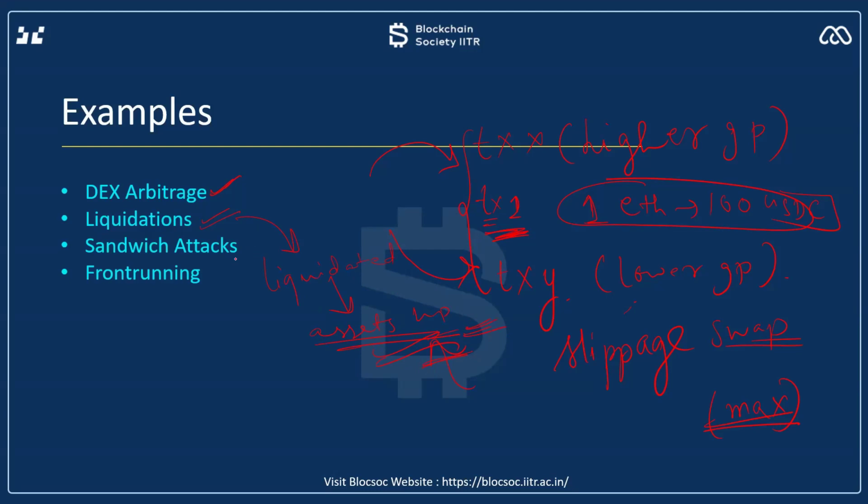Also, there are sandwich attacks. The DEX arbitrage attack that I explained is also kind of a sandwich attack. And there is also front running.